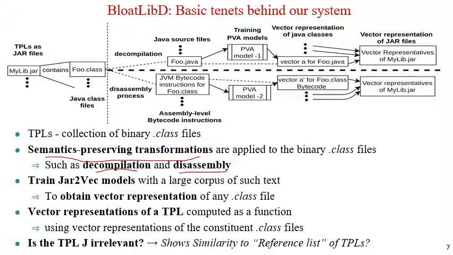The source code and bytecode therefore remain unaffected by such obfuscations because they are not directly available in the core form of the jar files. We have extracted them using decompilation and disassembly operations. Therefore, BloatLibD remains unaffected by such obfuscations.